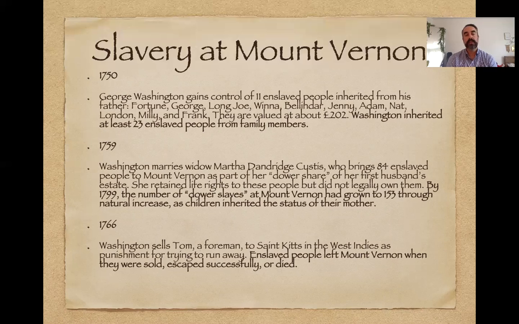But it really is startling to see what happens in 1759 with the marriage of Washington to Martha Dandridge Custis, who brings 84 enslaved people to Mount Vernon as part of her dower share.